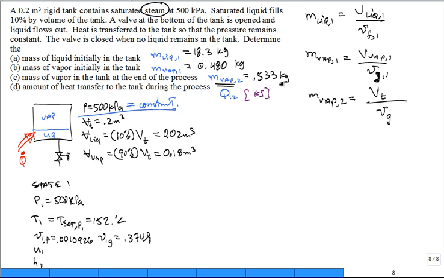Now the hard part, the amount of heat transfer to the tank during the process. Calculate Q1 to 2. How am I going to do that? Energy balance, I like that. Thank you very much. Energy balance, and it's for a transient system.